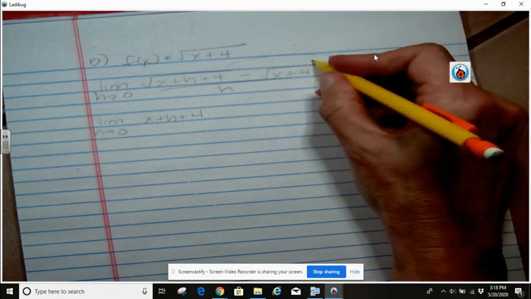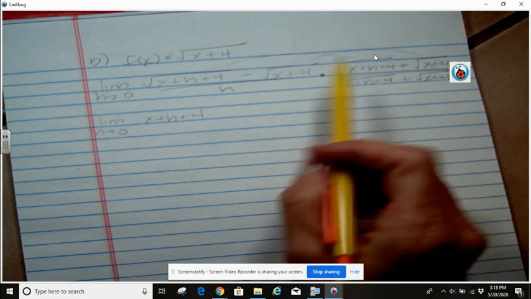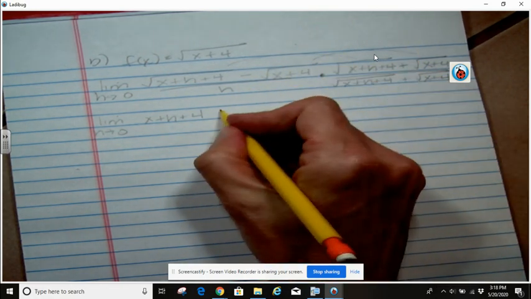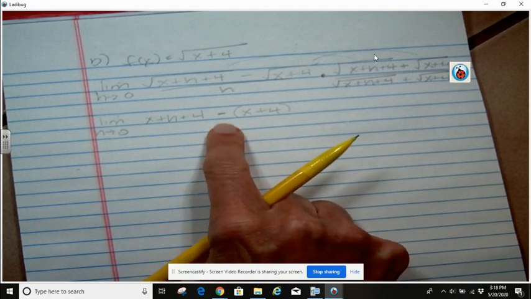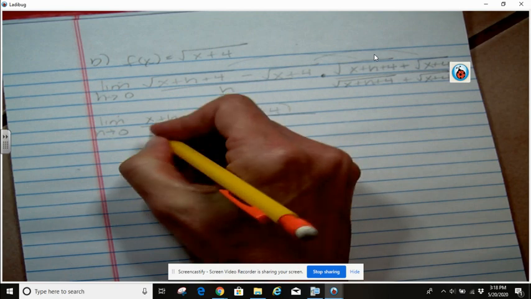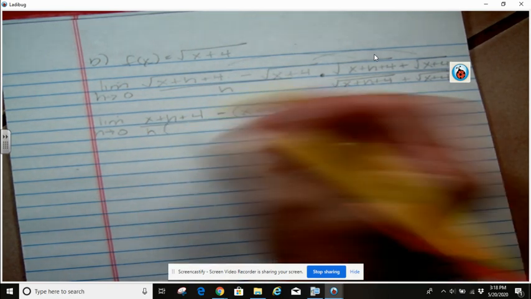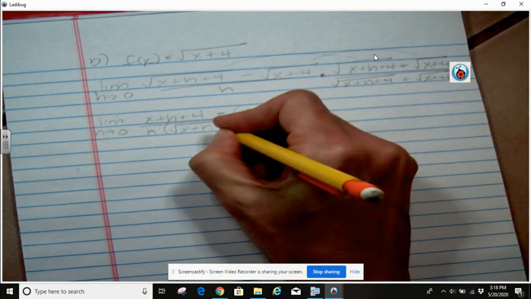So then I just have to do the last terms. Again, when you multiply a square root by itself, you just get what's underneath. But it's a negative times a positive, so it's minus and then what's underneath. Notice I use parentheses because I'm subtracting. That's important. And then on the denominator, I'm just going to leave it as h times this conjugate.